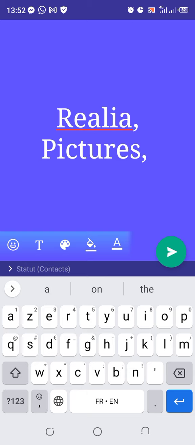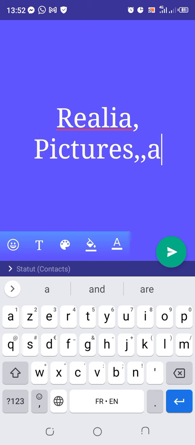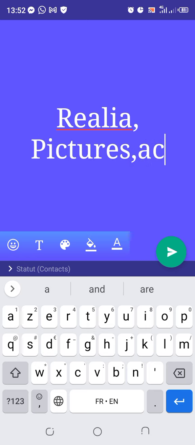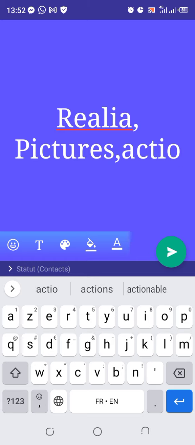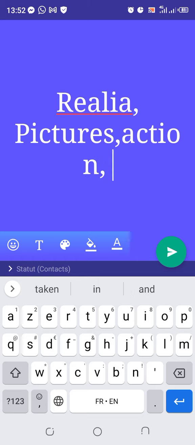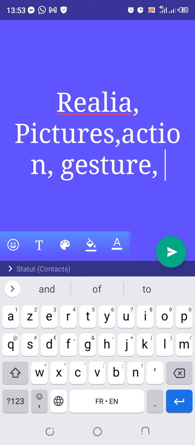He will take the chalk as if doing the mime action of smoking. Picture, actions, gesture, and then we've got contrast.